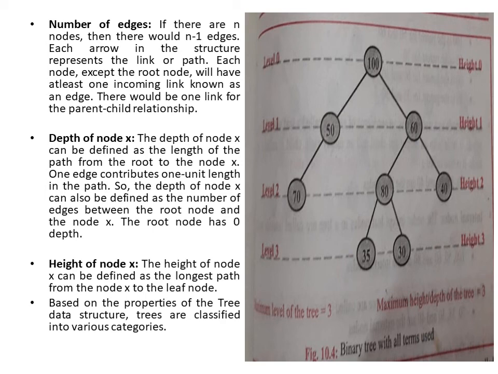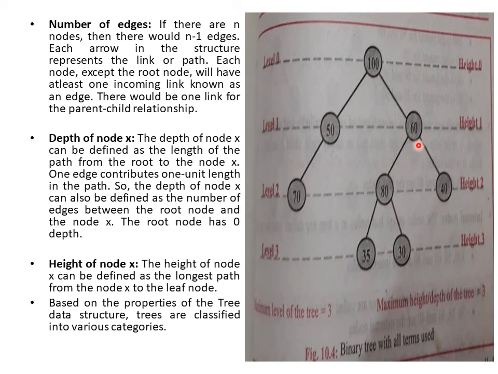Now let us go into terminology. What does that mean? Number of edges. What is the number of edges? If there are n nodes, then there could be n minus 1 edges.